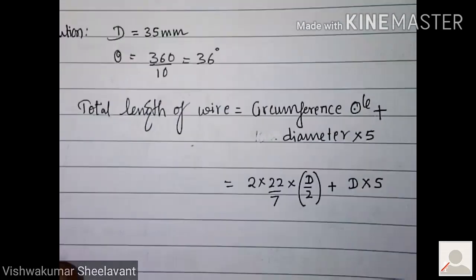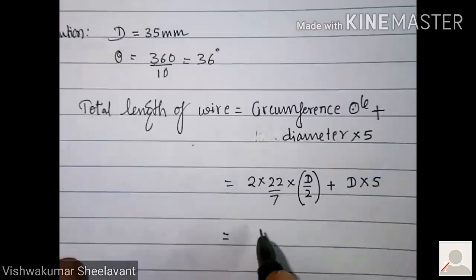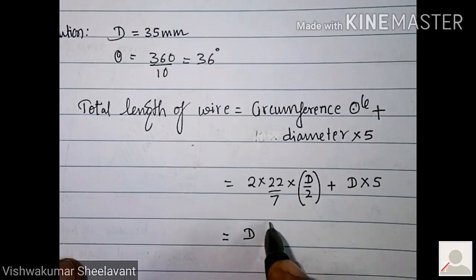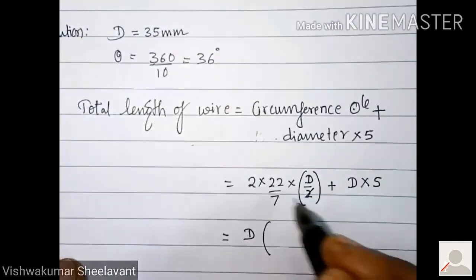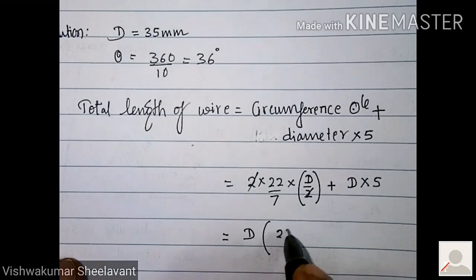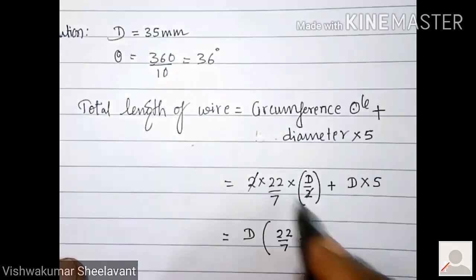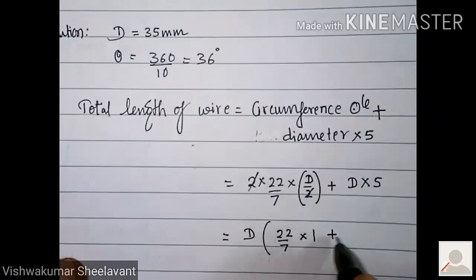You can take d outside. Inside the bracket you will have, cancelling these two 2's, 22 by 7 into, if I take d common outside, 1 plus 5.